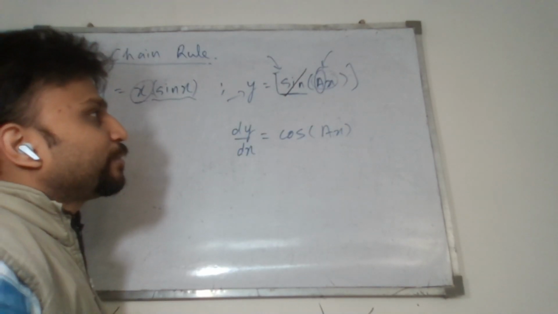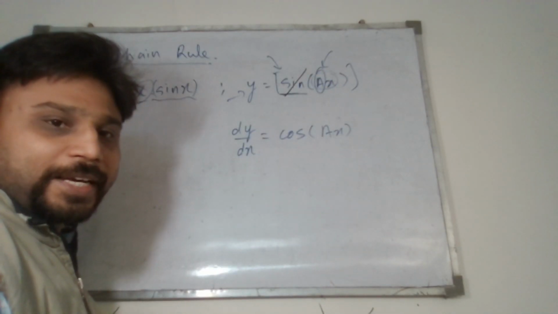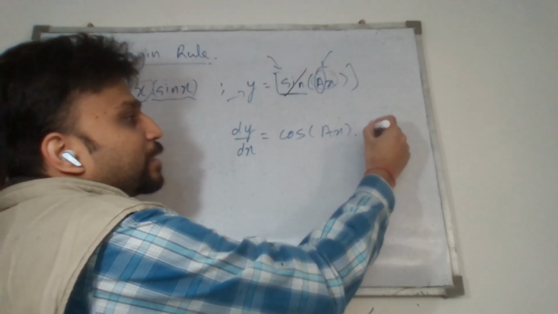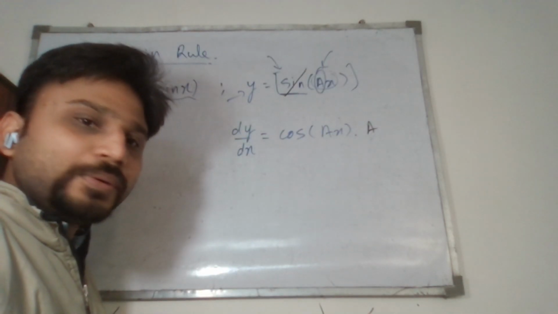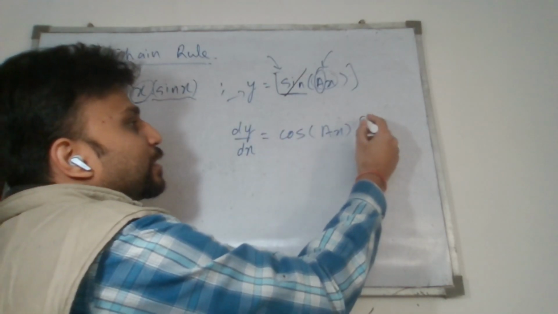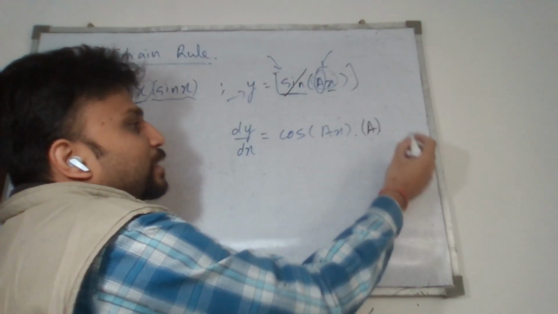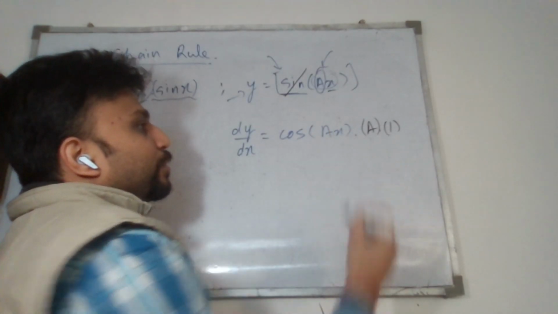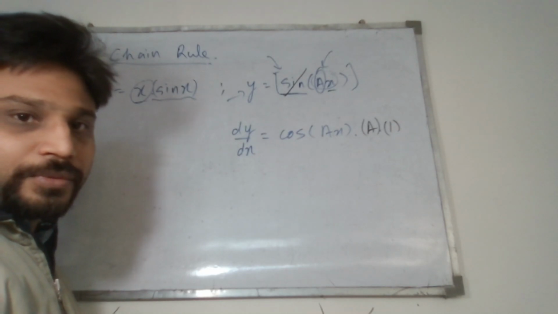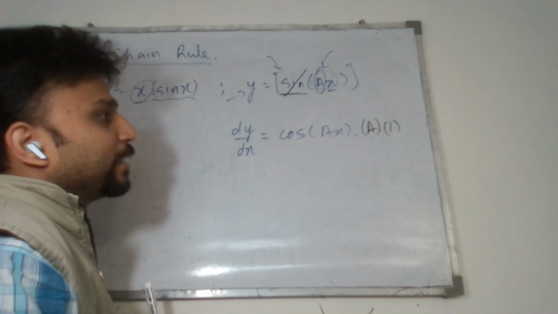So we know if there is a constant term a, and it is multiplied with the variable x, then that constant simply comes outside of the whole term. So as it is coming outside like this, we have taken it outside, and differentiation of x is 1 only. So this is what is the differentiation of sine ax.